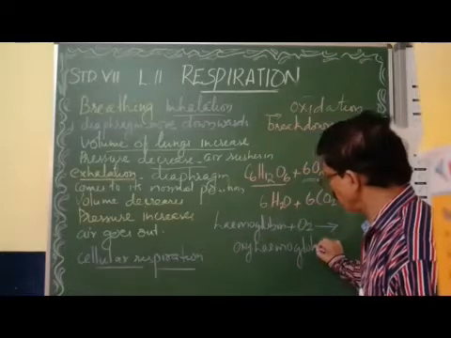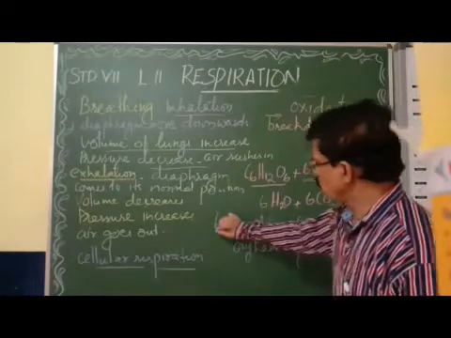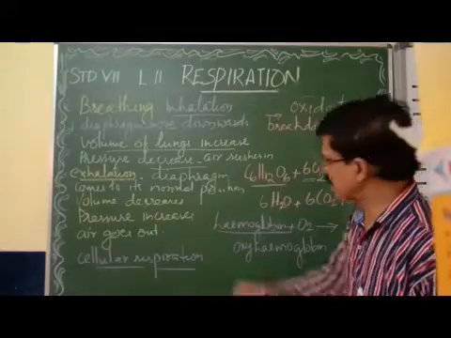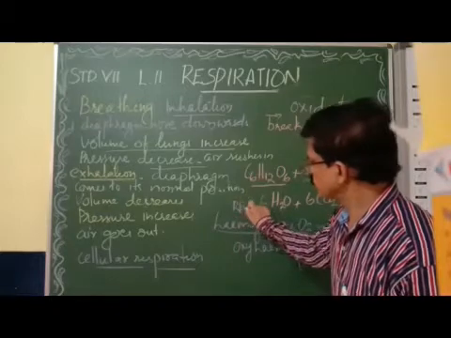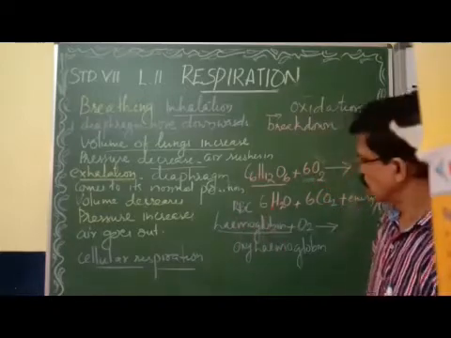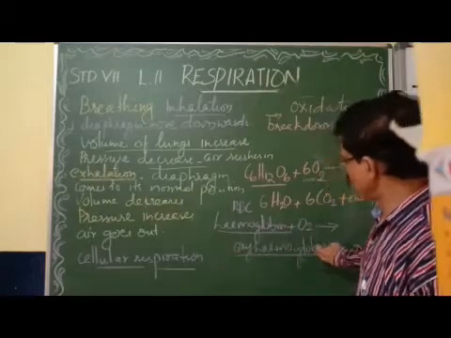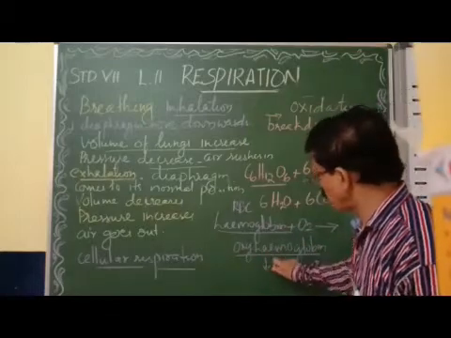So actually, what is hemoglobin? Hemoglobin is a red colored protein pigment present inside the RBC. You got it? So hemoglobin combines with the oxygen and forms oxyhemoglobin. Now this oxyhemoglobin goes to the cells.